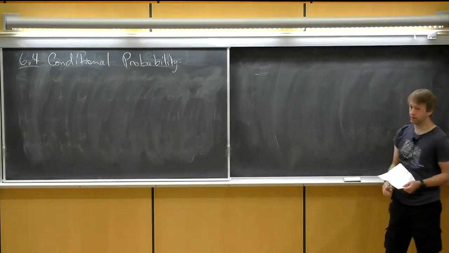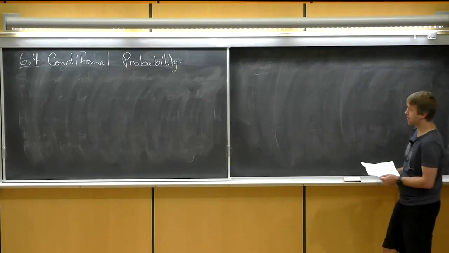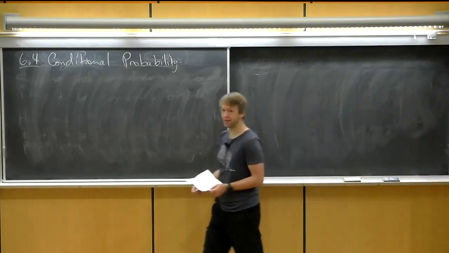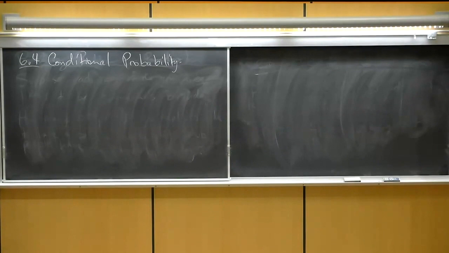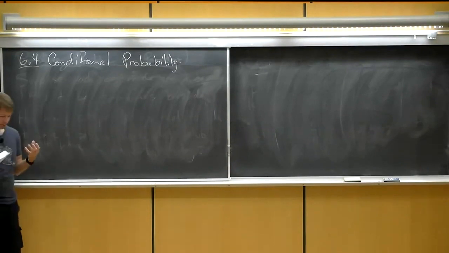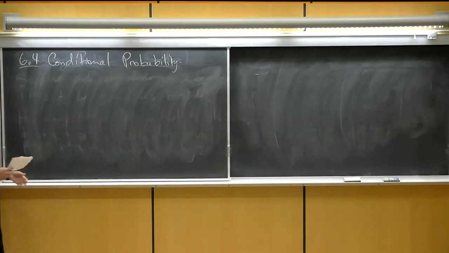Okay, so this is a section we're going to spend a lot of time on because it's a tricky one. So let me vaguely tell you the idea of conditional probability.